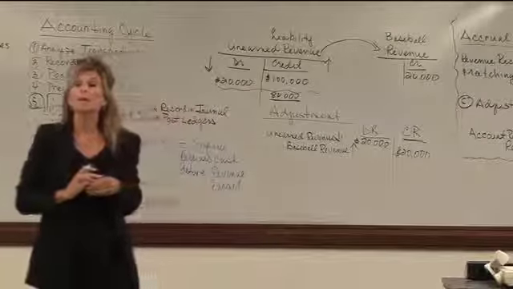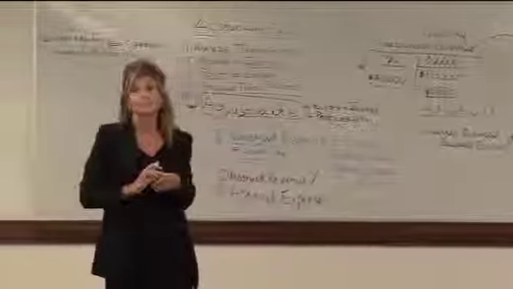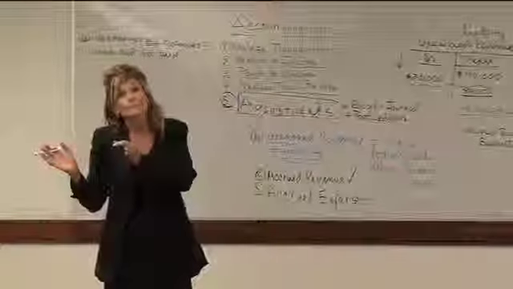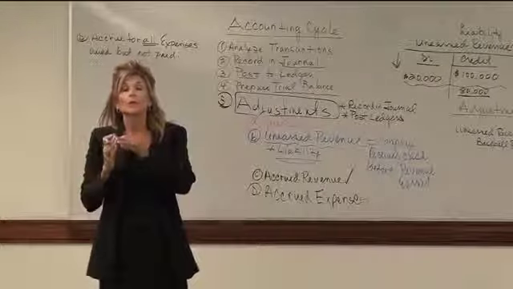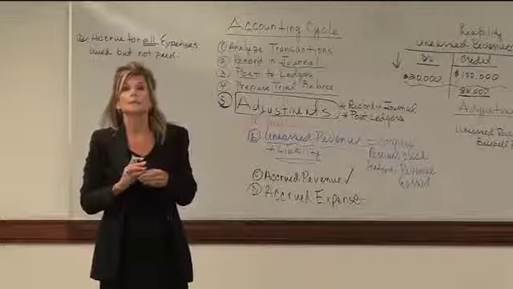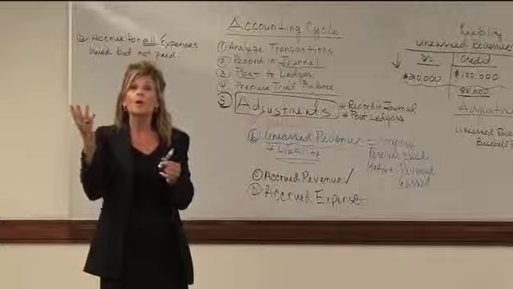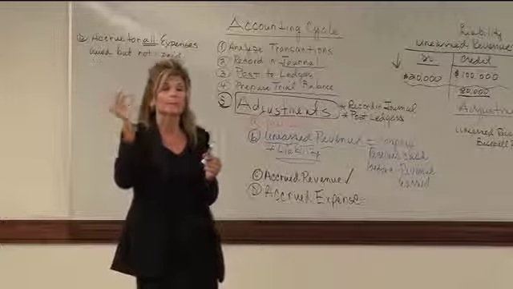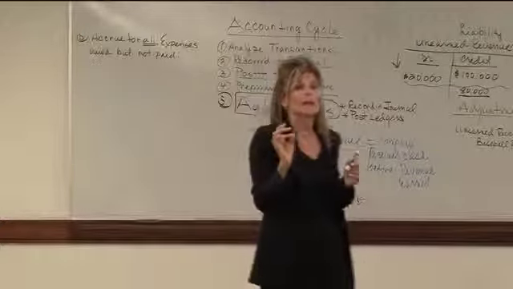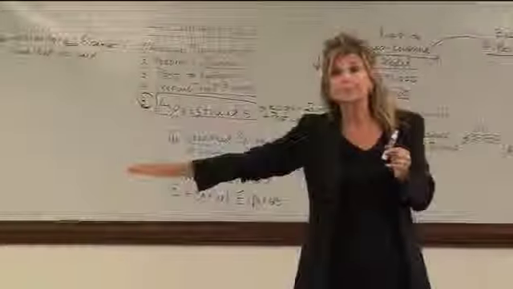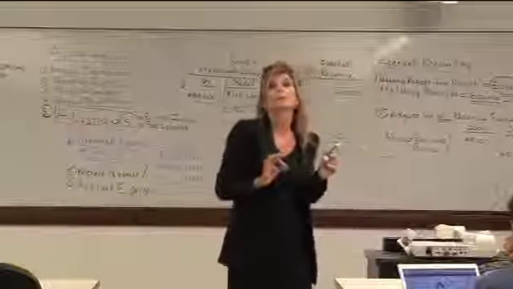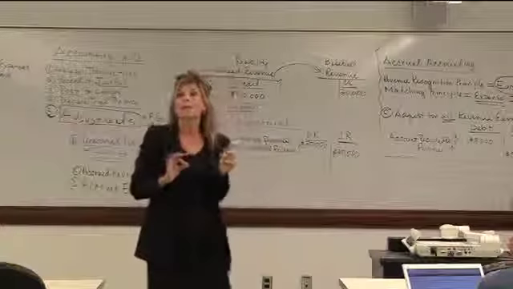The year ends on a Wednesday. You're going to pay them on Friday, but Friday is going to be January 2nd. Your year ends on Wednesday, December 31st. Those 3 days of salary, Monday, Tuesday, Wednesday, belong in the prior year. Thursday and Friday would belong in the January 2nd payday year.